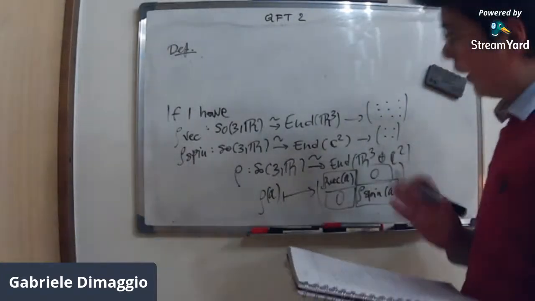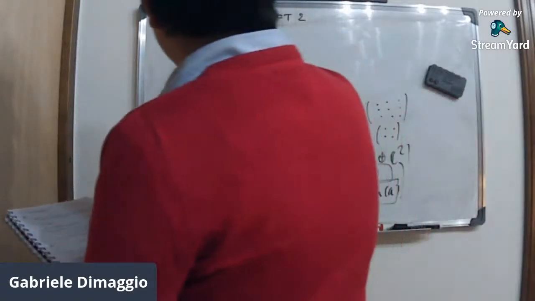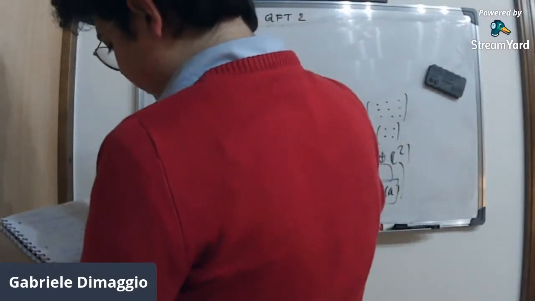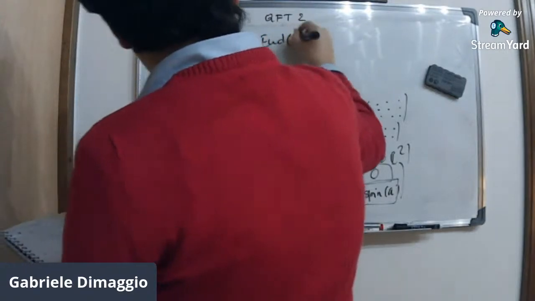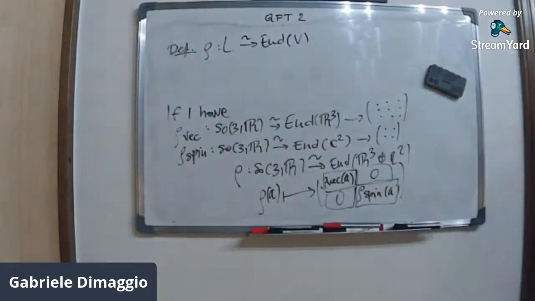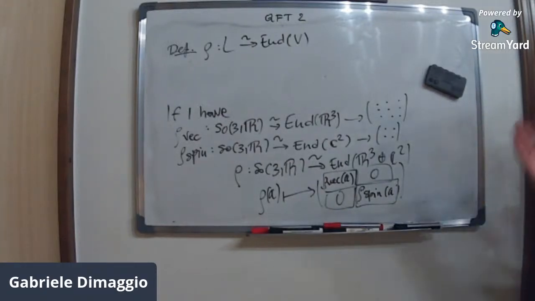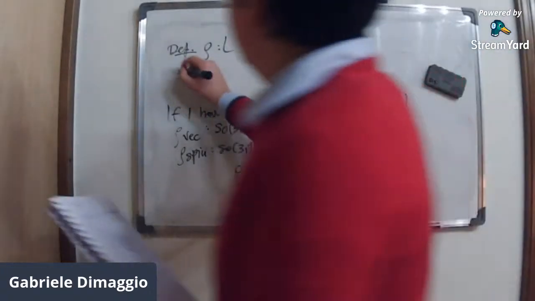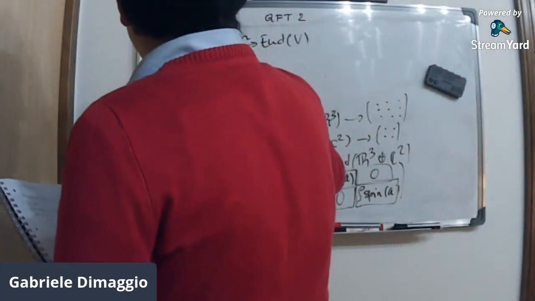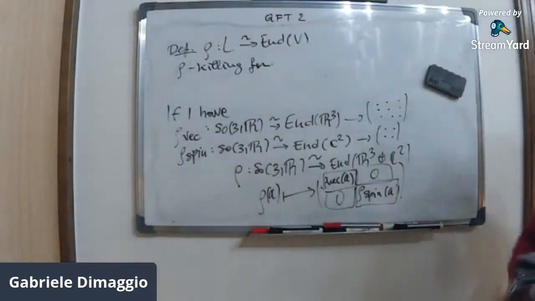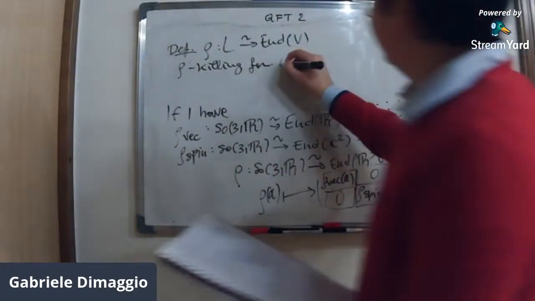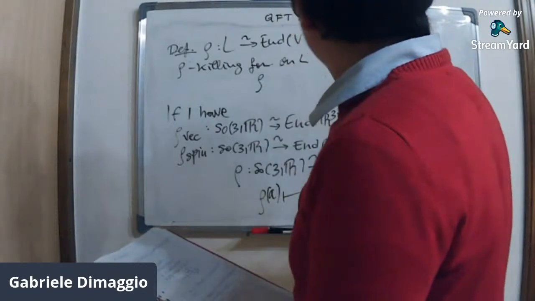First, if I have a representation rho from L to the family of endomorphisms over V, of course, I can define a rho killing form on L of this kind.